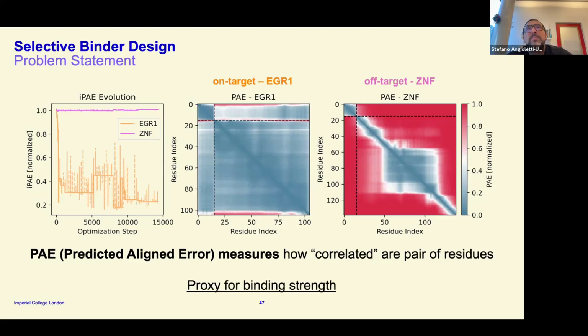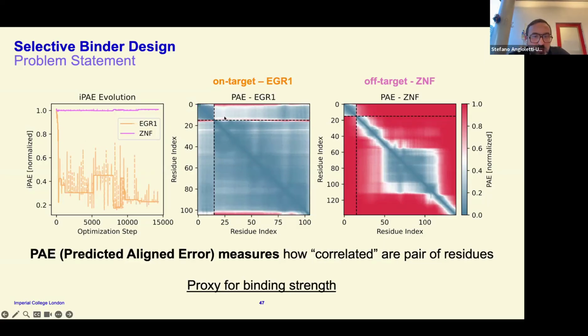This is actually a measure of the confidence of the model, and it tells you how strongly correlated two pairs of residues are. Because two residues that are strongly binding are strongly correlated in their movements and in their position, effectively the predicted aligned error is a measure of the binding strength. It's not exactly the binding strength, it's a proxy for the binding strength, but we can use it as if it was a measure for the binding strength.